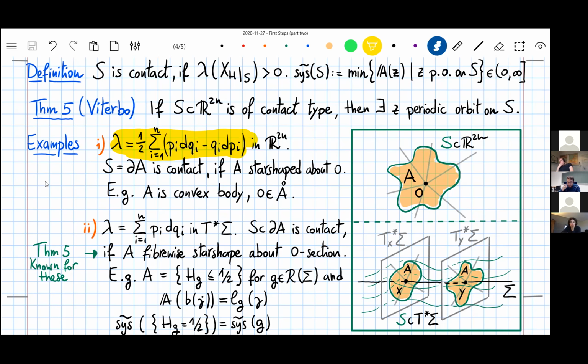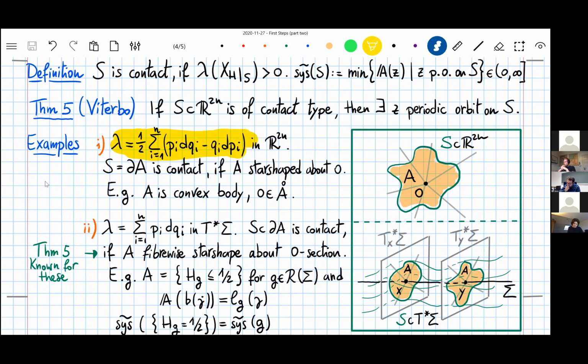If A is fiberwise star-shaped and contains the zero section in the interior, then the boundary is of contact type. I said before that the Weinstein conjecture is still open, but for this type of manifolds it is actually known. So if you have something like this, then it is known that you have a periodic orbit.